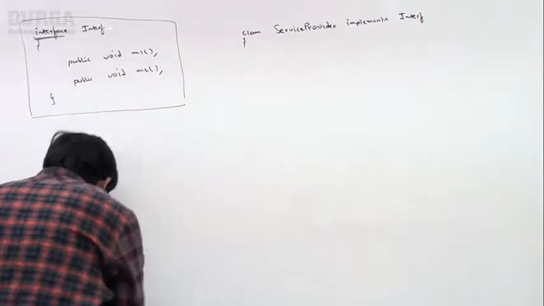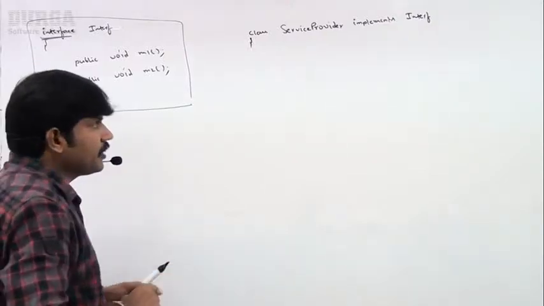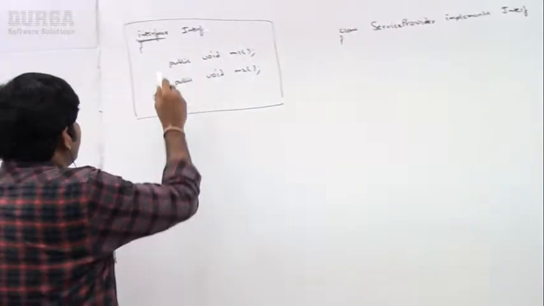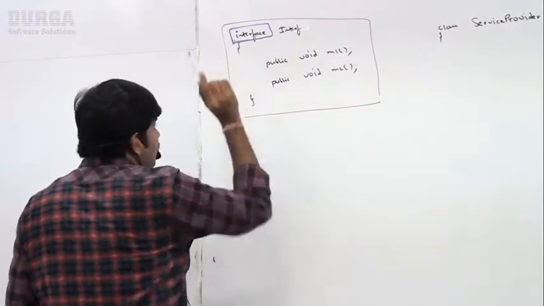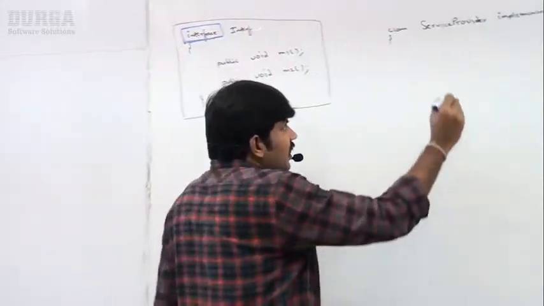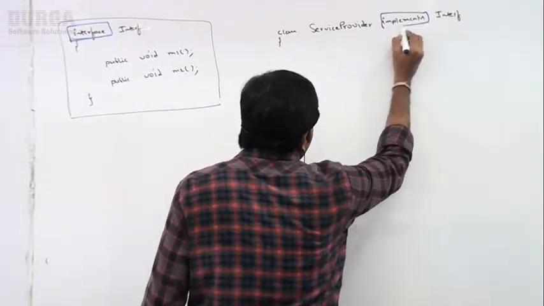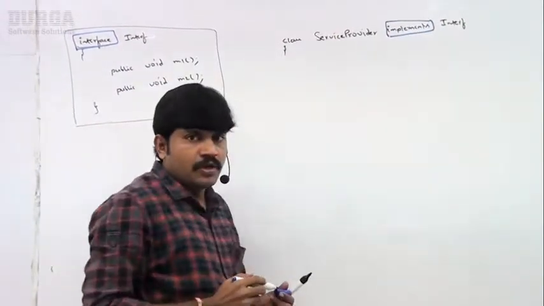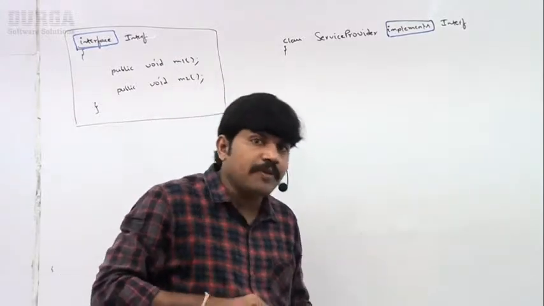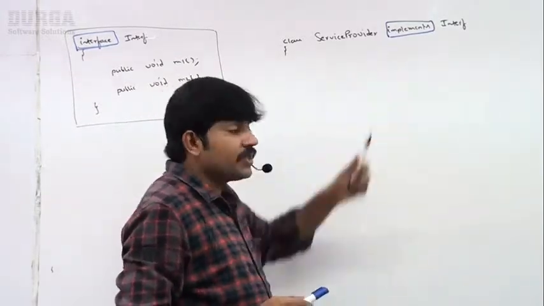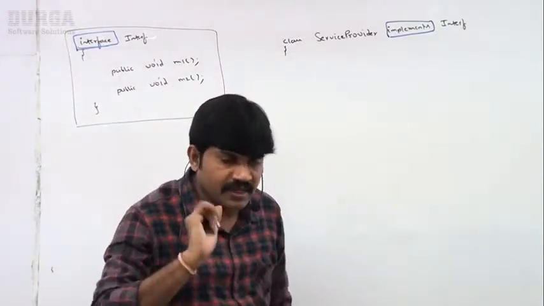Now, the very important point you people should be aware of: interface is a keyword, and implements is also a keyword. So a class can implement an interface by using which one, sir? The implements keyword. Clear.